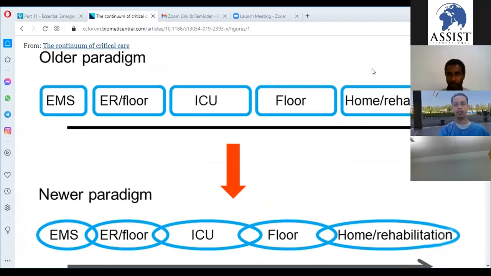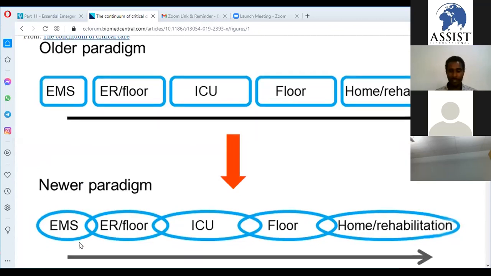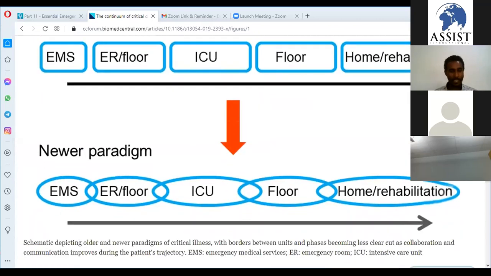Yes, visible. Good. What this diagram depicts is that in the older paradigm, there was a space or a gap between each of the boxes, as you can see. But in the newer paradigm, they each have an intersection, and it shows the collaboration of each unit.